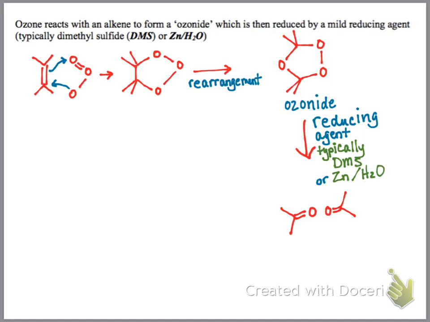And then you see that this carbon here becomes a ketone, and this carbon here becomes a ketone. Because this is a symmetrical double bond, both the carbons are the same, it's going to make two of the same product here.